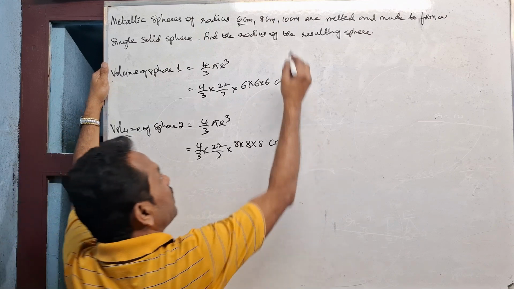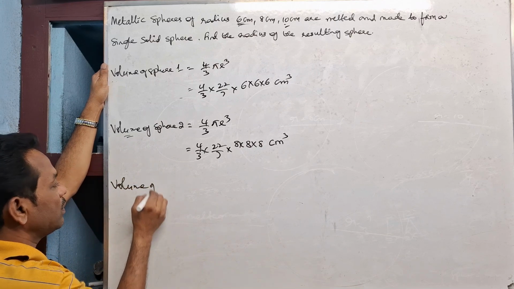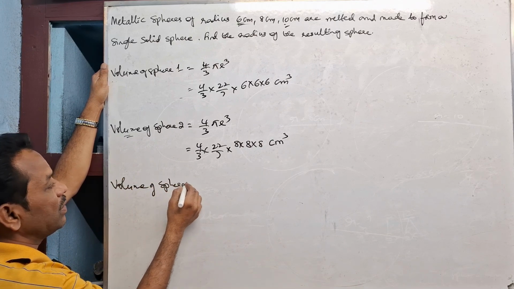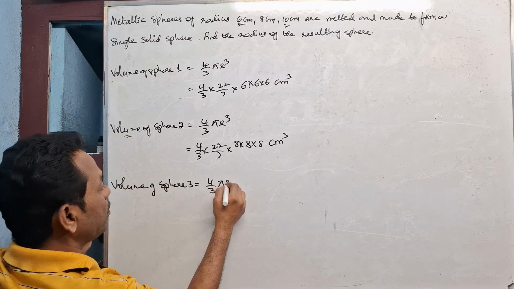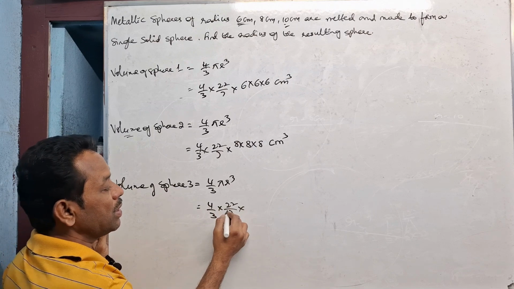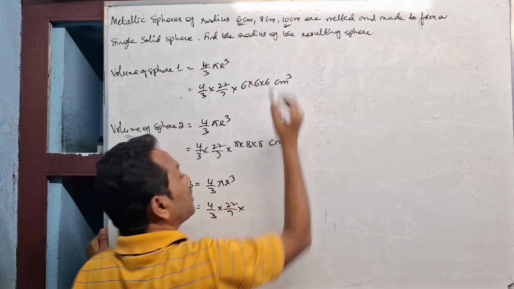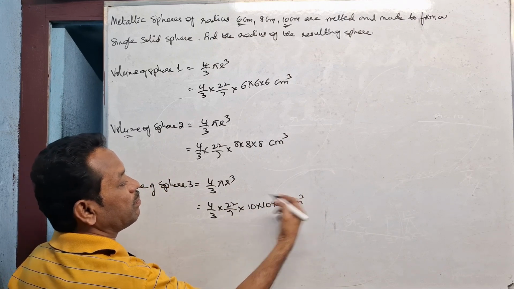Now let's go for the third sphere. Volume of sphere 3 equals 4 by 3 pi r cube. So 4 by 3 into 22 by 7 into 10 into 10 into 10 centimeter cube.